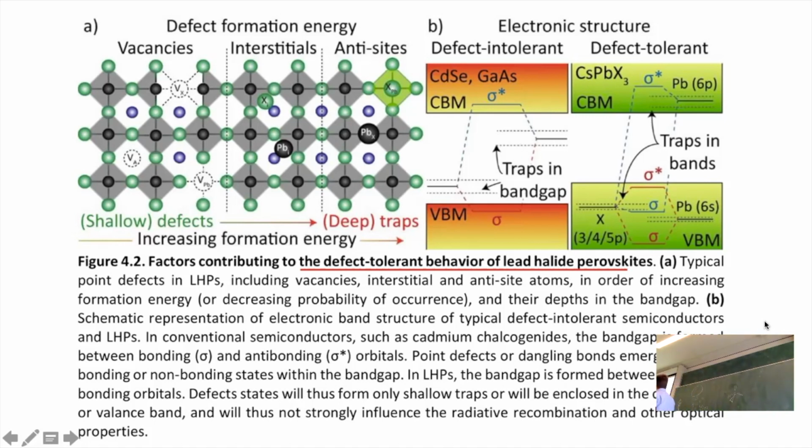Now for the perovskites, because of this anti-bonding character of the maximum, these trap states are lower in energy. So they don't play a role. They will not influence the efficiency a lot. For silicon or gallium arsenide, the traps are within the band gap, within this energy difference. For the perovskites, they are basically in the bands.